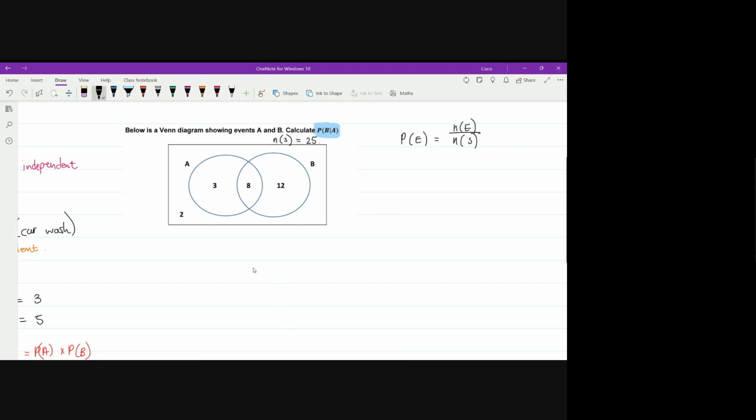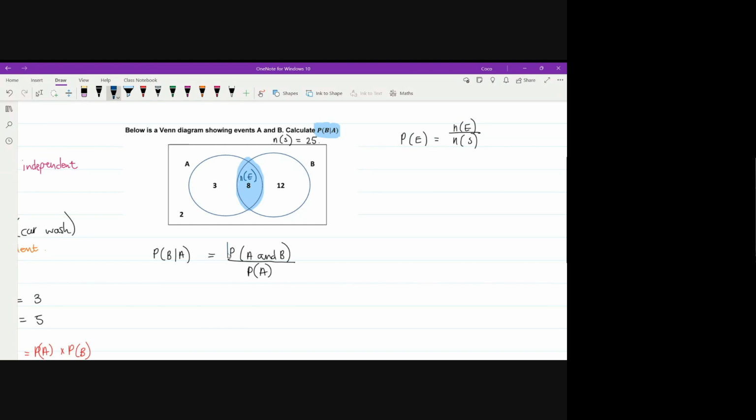Okay. So now they want the probability of B given A. We know that the probability of B given A is just going to be the probability of A and B all over the probability of A. Now, the nice thing for us is that our probability of A and B is just this part over here. Now, this is not the answer. This is our event size for A and B, right?